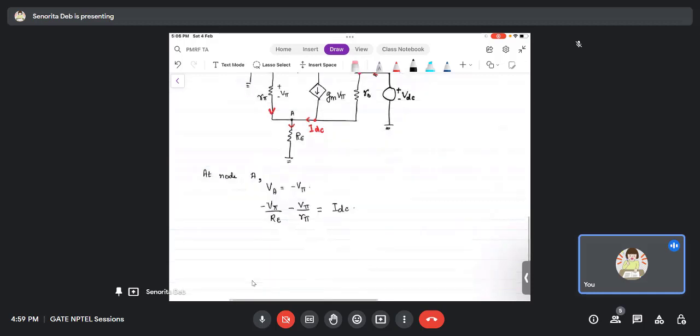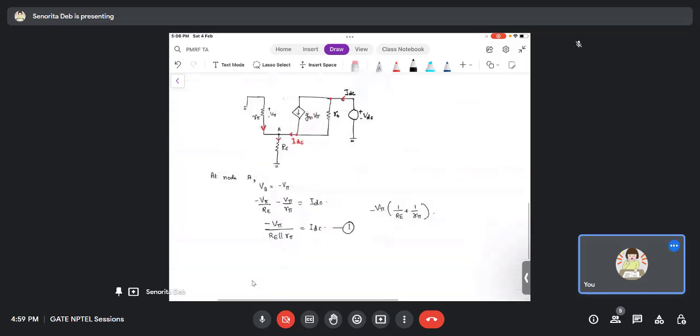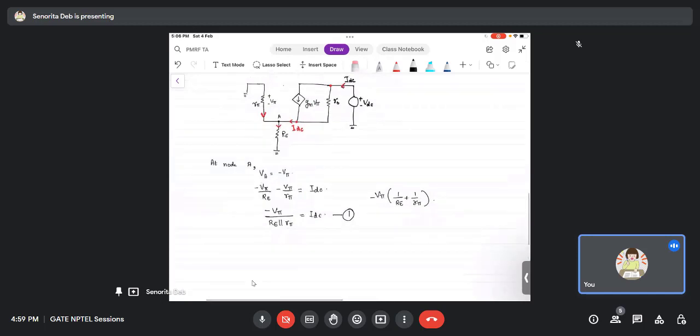So minus V pi upon RE parallel R pi is IDC. How did I get that? Because if you take minus V pi in common, what is in the bracket is 1 by RE plus 1 by R pi, which is nothing but 1 upon RE parallel R pi, right? So this is what I have written, and this is my equation 1. Please have a look. Tell me if you are missing something or unable to understand. I'm giving you 1 minute, just have a look.